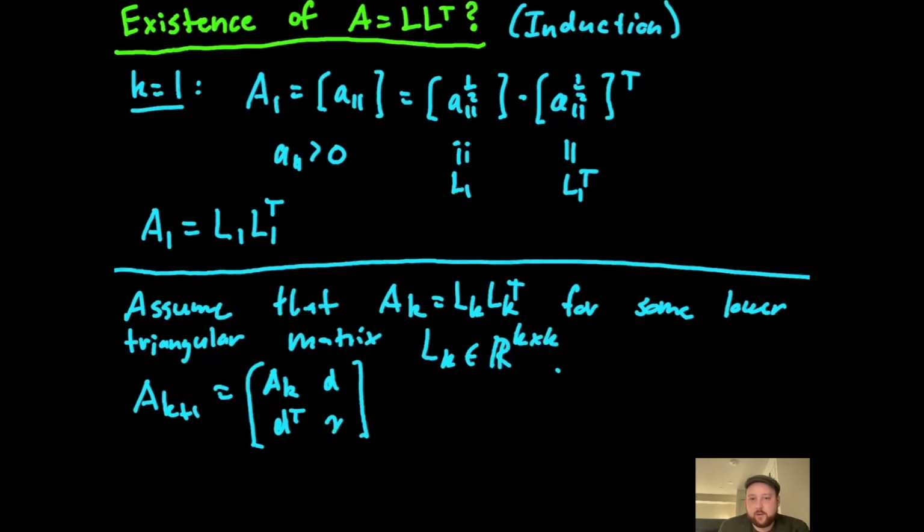D is a vector and gamma is a scalar. D is just whatever column ends up being in that enlarged matrix, the very last column of AK plus 1, the new column, except the last entry. And then I'm using gamma to denote the last entry in that column. Because it's symmetric, we know that the new row has to look like the transpose of D. So this is just some notation for these generic extra vectors and scalars that I've added.